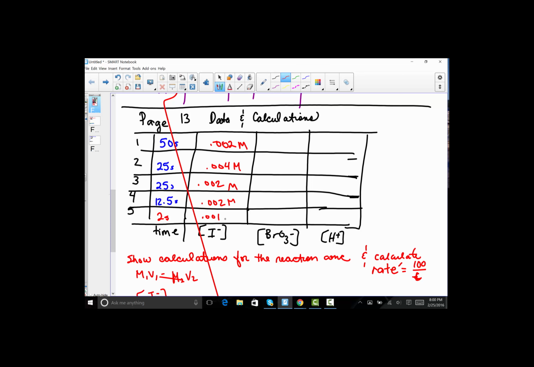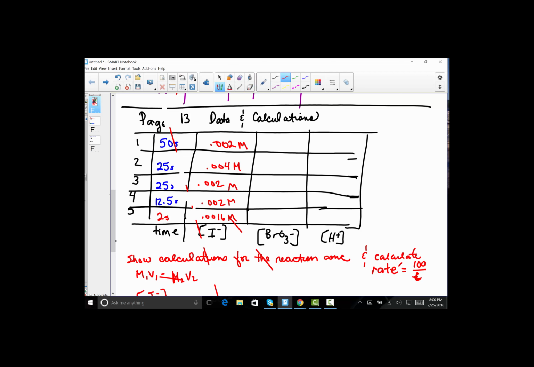So as we wrote out our concentrations for the I negative: 0.002, 0.004, 0.002, 0.002, 0.0016. Now what we're going to have to do as well is all of the other reactants. But you get the idea of what we're doing, very similar to last week.